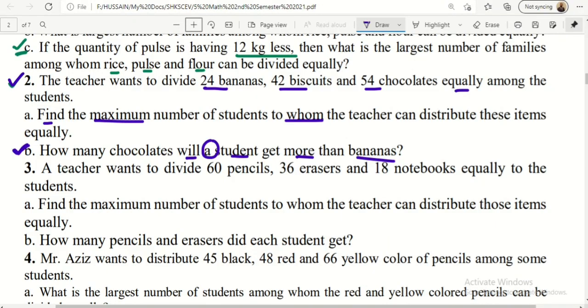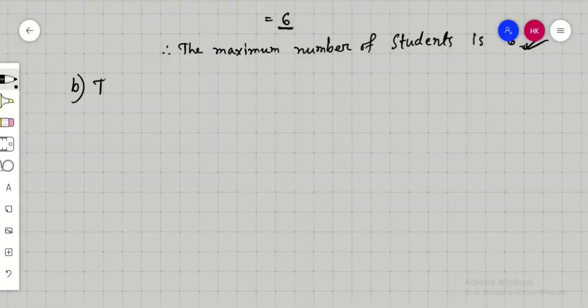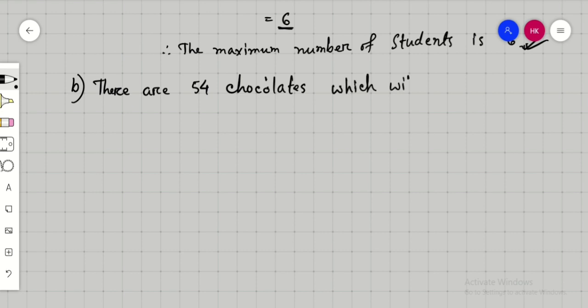There are 54 chocolates, which will be distributed among 6 students.